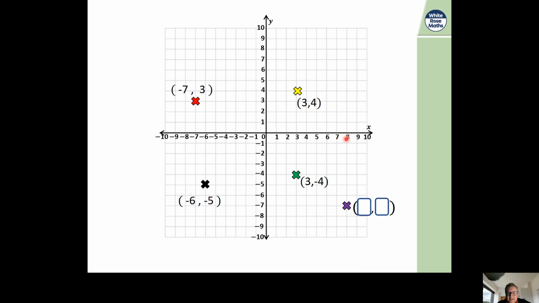So this is the x. It's 8. This is the y. -7. Yeah, I'm feeling good about this now. Have a pause, have a look at it, if that's what you need to do. Freeze it on screen, look at them, print it out if you want.